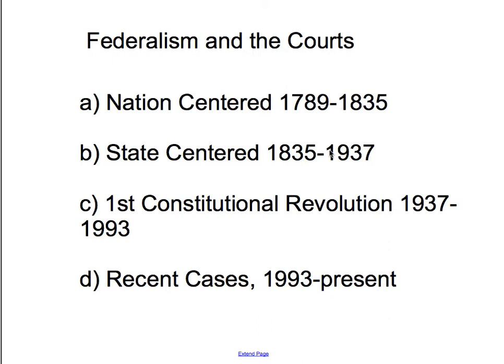Then we see a constitutional revolution in 1937, beginning with the New Deal and a couple of key cases we'll go over. And then in 1983, we see a big shift that's, for the most part, still with us today, with a few exceptions, but we shift back to the states again. So it's kind of a pendulum back and forth between nation and then states.